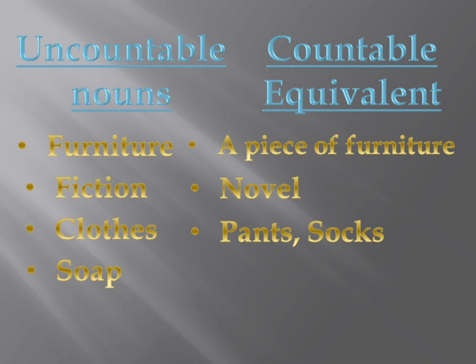Or you can say I have 2 socks. And again, soap. You cannot say I have 3 soaps. You can say there is a cake of soap. So some uncountable nouns have their countable equivalent.